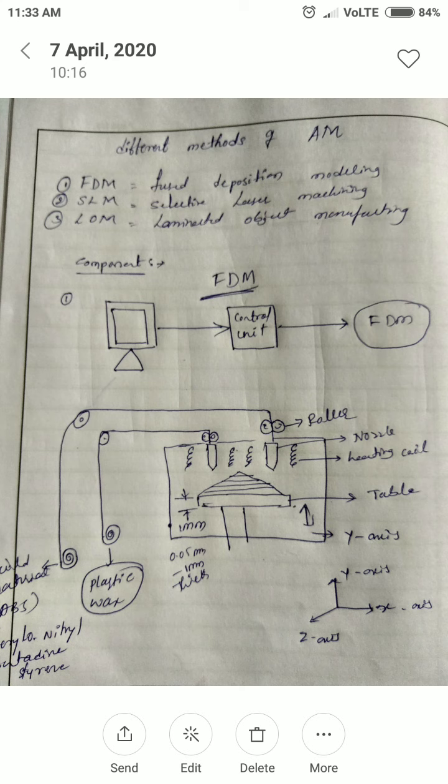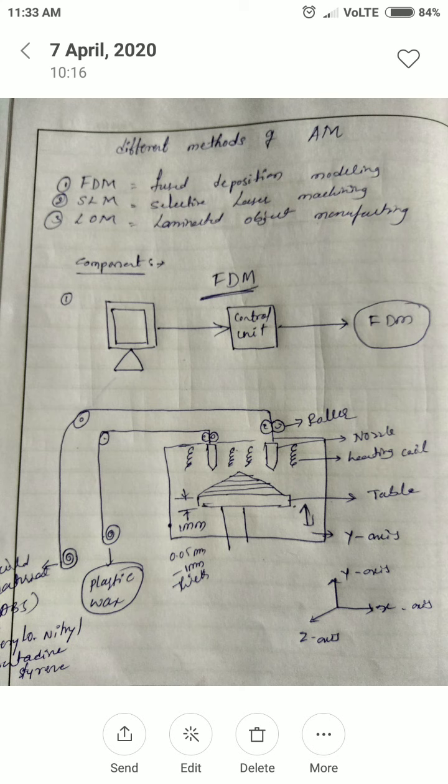For that, for supporting purposes, on the left and right sides we use plastic wax as a supportive material. Keep in mind, once again I'm telling. Okay, next, coming to the point.